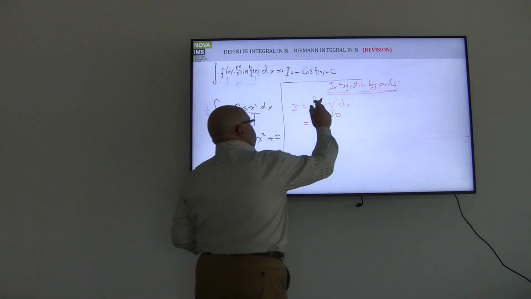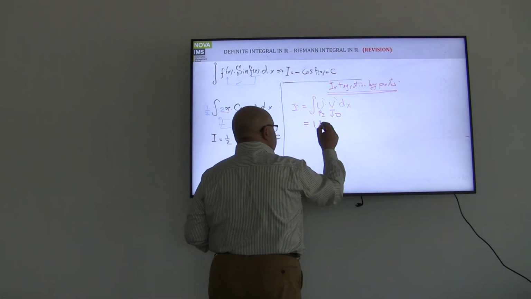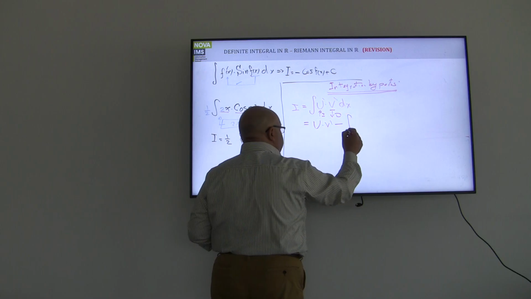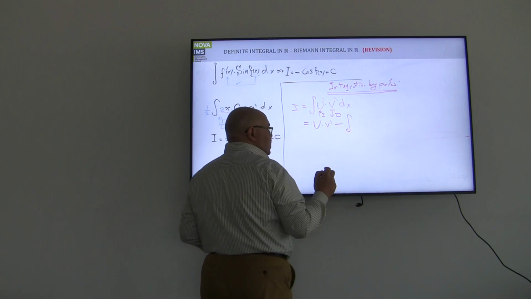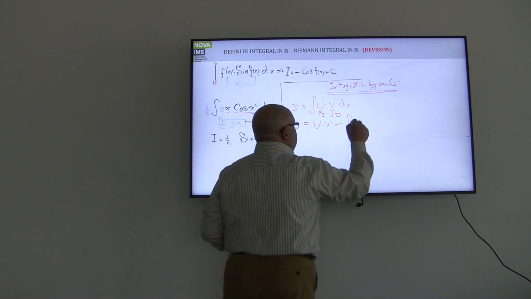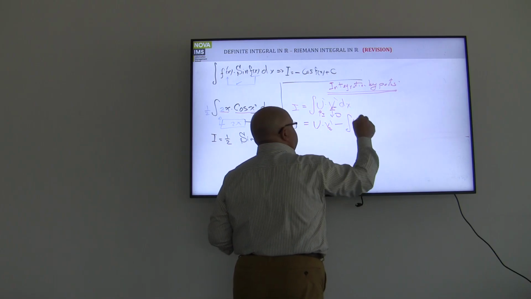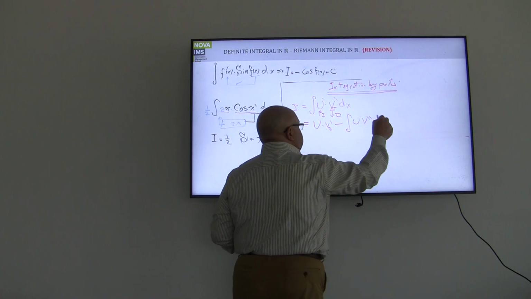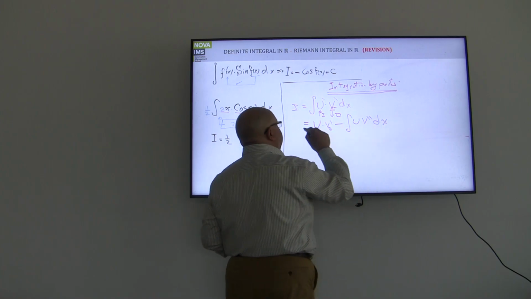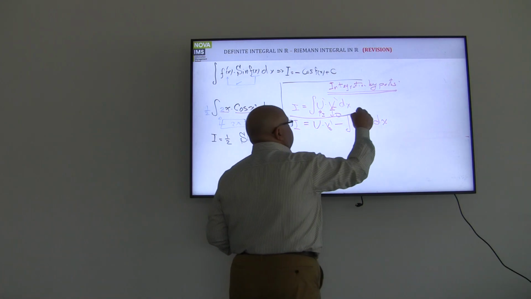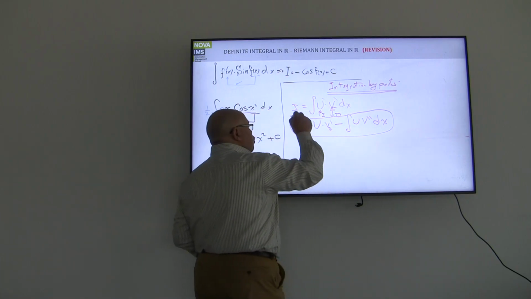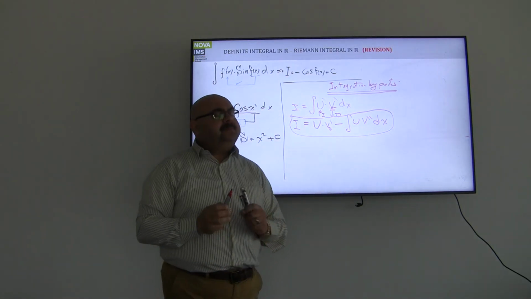So I will integrate u dash to be u times v dash minus the integral sign. U will go down times the derivative of v dash, which is going to be v double dash, with respect to dx, and that's the integration by parts rule that we can use.